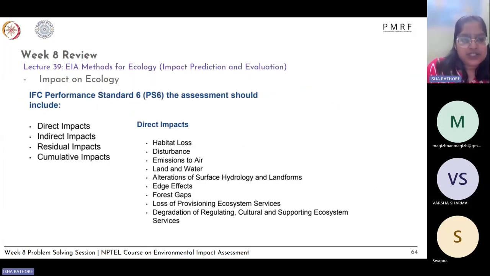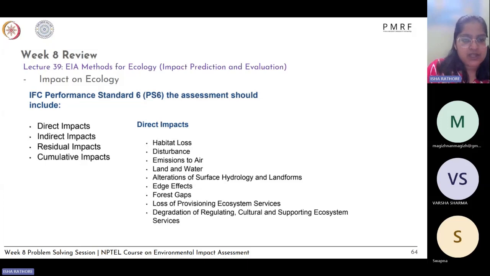Then we move on to lecture 39, where we looked at EIA methods for ecology, the impact prediction and evaluation. So, in terms of identifying the impacts on ecology, the International Finance Corporation's IFC Performance Standard 6 states that the assessment should include direct impacts, indirect impacts, residual impacts, and cumulative impacts.